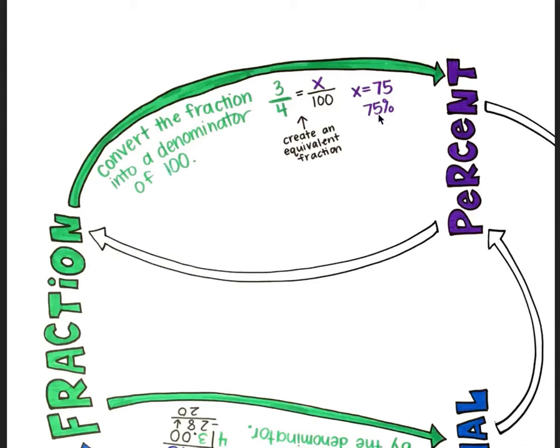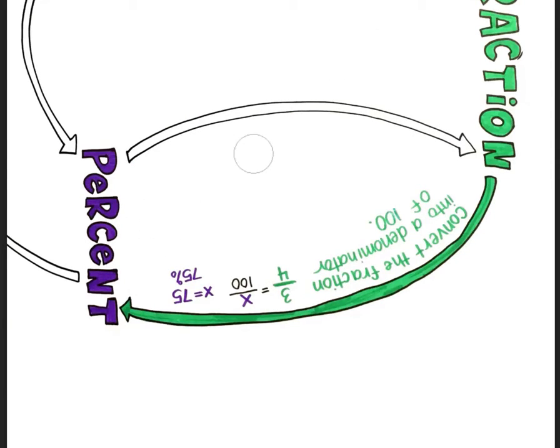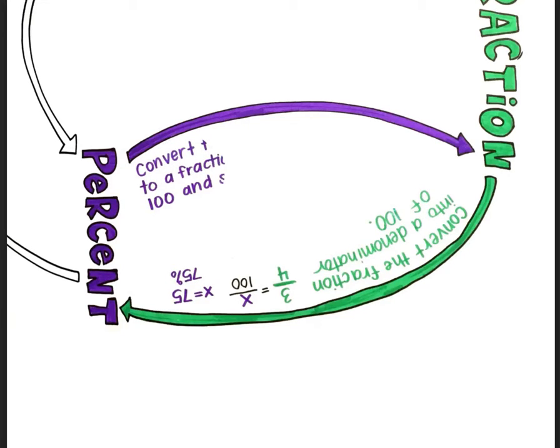Let me go ahead and flip this over now. Okay, looking at the other side of it all, I want to move now from a percent and go back to what it would be as a fraction. Well, we know that every percent is something per every 100. So here, to convert it, we're going to convert the percent to a fraction over 100.